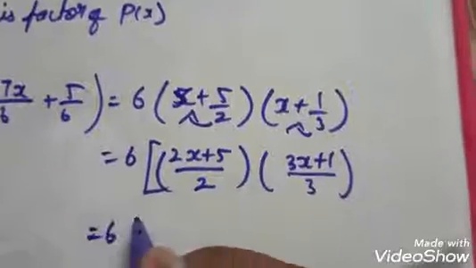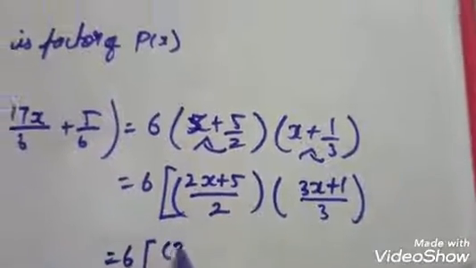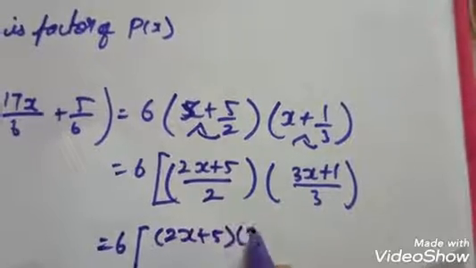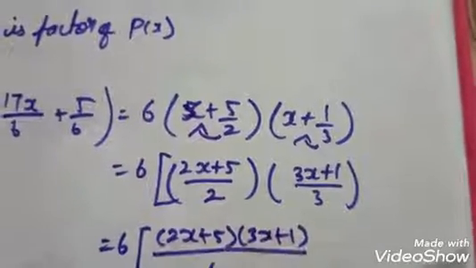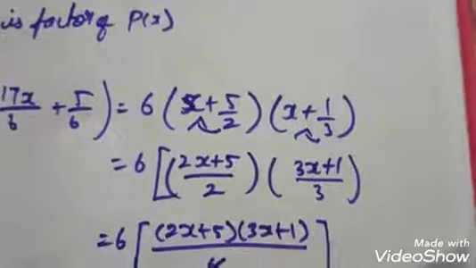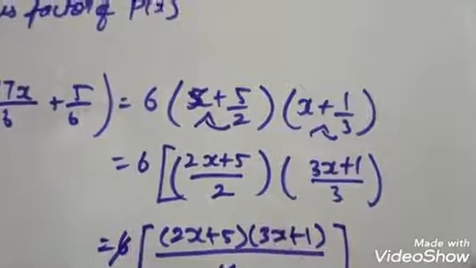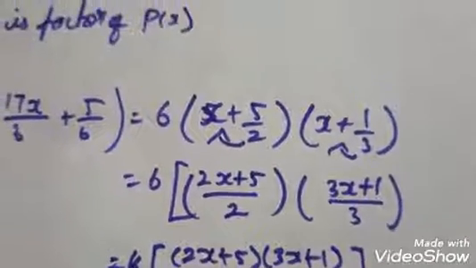I just multiply these two fractions. So 6 into 2x plus 5 into 3x plus 1 whole divided by 2 3s are 6. So in this denominator 6 will get cancelled. The factor is 2x plus 5, 3x plus 1.